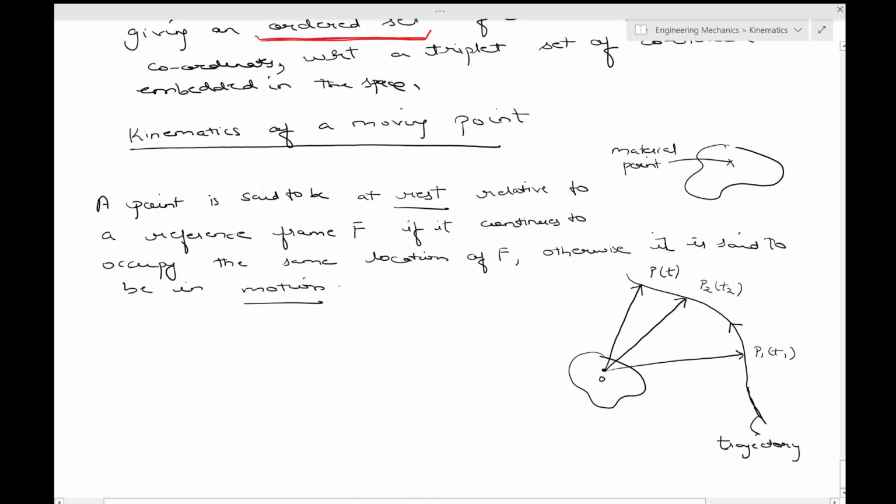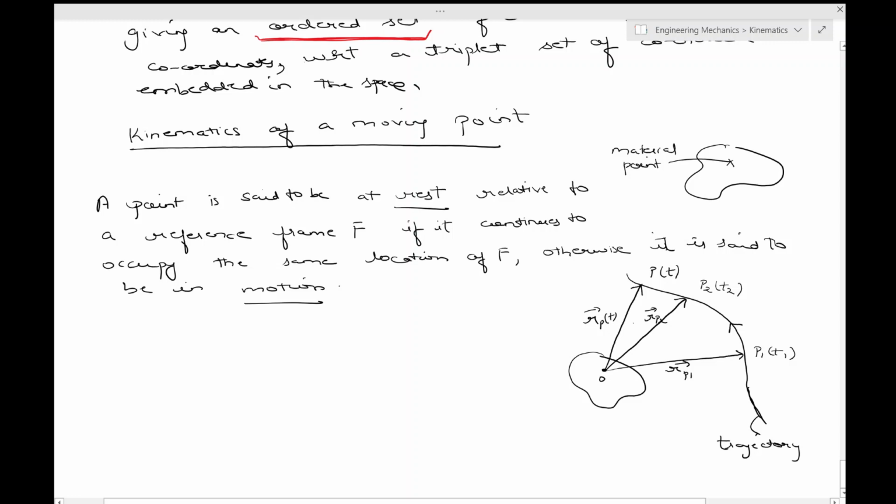So clearly this is RP1, based on what we have learned about position vectors before, that if it's with respect to O, we drop the other subscript. Ideally we should have written it as RP1O, but since it is with respect to O, we drop this term. Similarly, this vector will be RP2, and this will be equal to Rp of t at this given time.